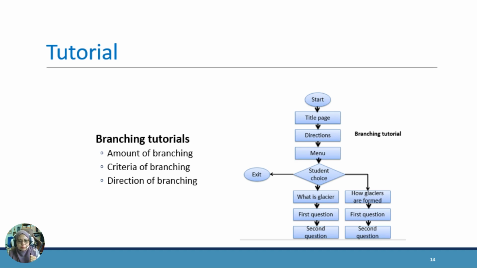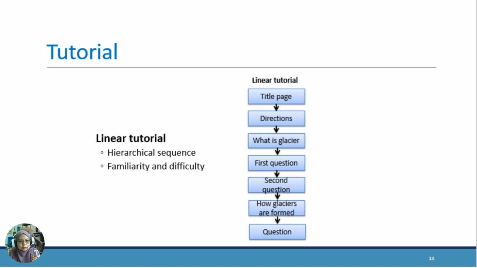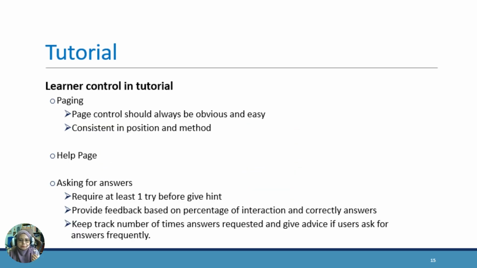For example, when we start to use our application, we go to the title page, and then they give you instructions on how to use the application, and then we go to the menu and you have to choose either topic number 1 or topic number 2, or other topics. So it's more dynamic. A branching tutorial is more dynamic, while a linear tutorial is more static, right?